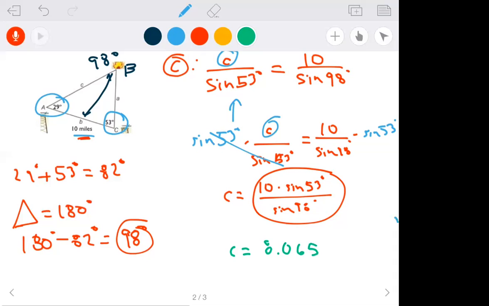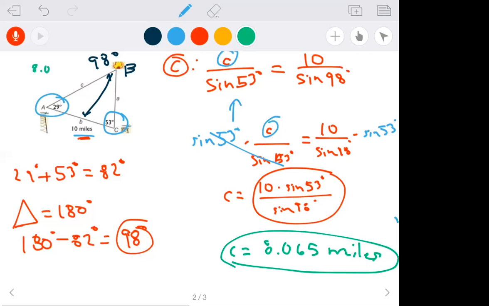And this is in miles. So I just solved for C, and I discovered that C is equal to approximately 8.065 miles.